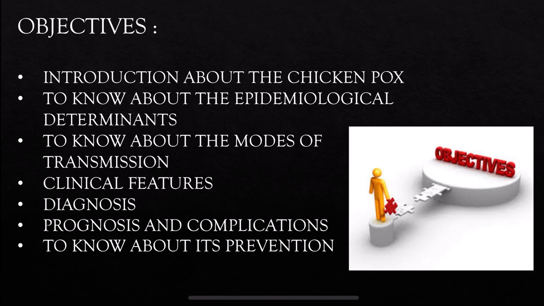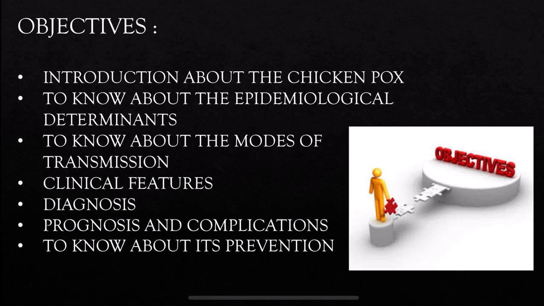Diagnosis, how the doctor is going to conclude that it is chickenpox. The prognosis and complications. Prognosis is how the disease is going to take its path. And complications. We will also know about its prevention, how we can prevent chickenpox from occurring.